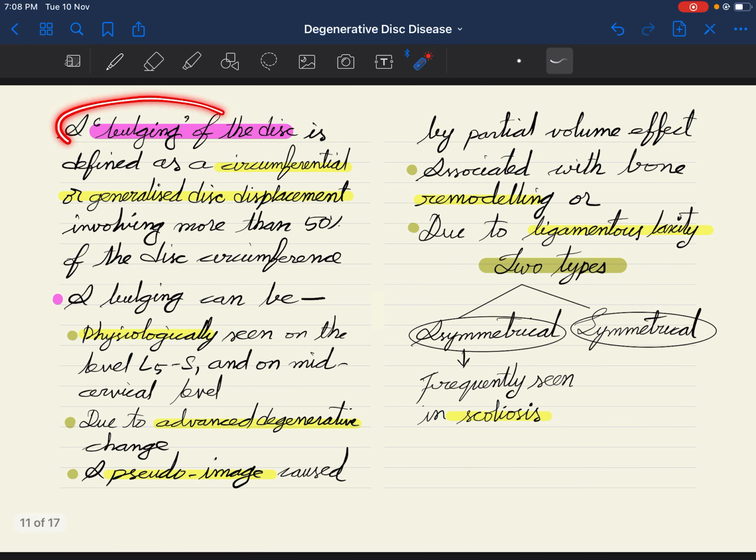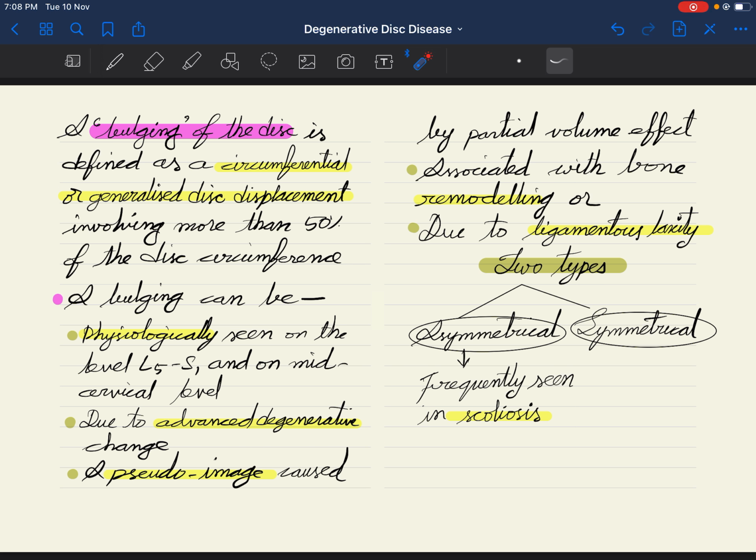So what is bulging of the disc? It is defined as a circumferential or generalized disc displacement involving more than 50% of the disc circumference. Bulging can be due to a physiological cause, seen at the L5-S1 level and at the mid-cervical level. Bulging may be due to advanced degenerative changes.